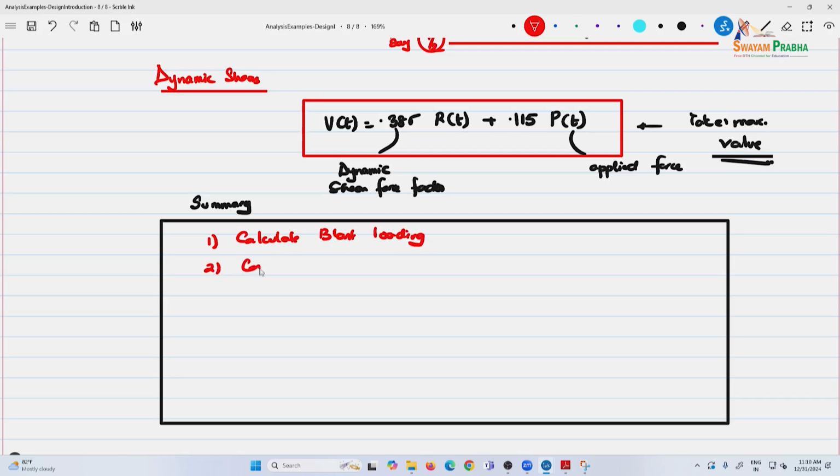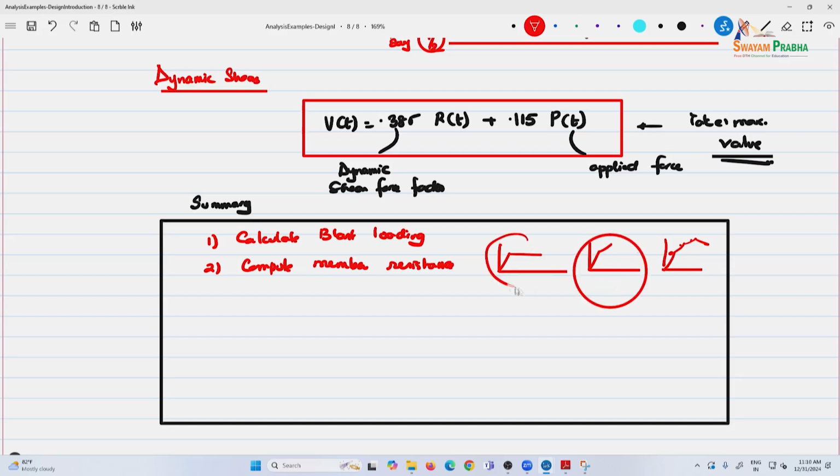Then compute the member resistance. The member resistance is typically this way or this way, but if you do this, you need to know all these points. So typically two of them are used, either this one or this one. Then all you need is this point.